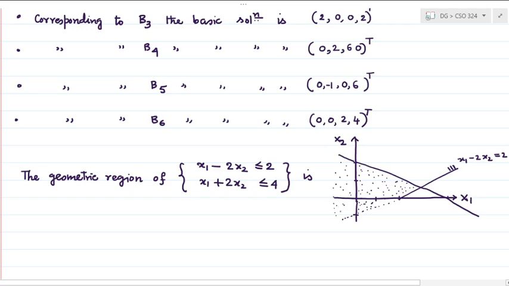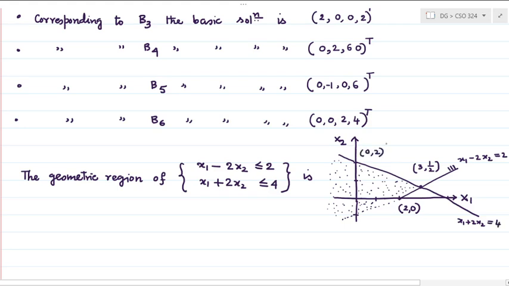Fine. And let us try to find out what are the locations of basic solutions. Here this point of intersection, you can find it, is the point 3, 1/2. This point is x1 by 2, so it is 2 0, and this point is x2 by 2, so this line is x1 plus 2x2 equal to 4, and this point is 0 2.